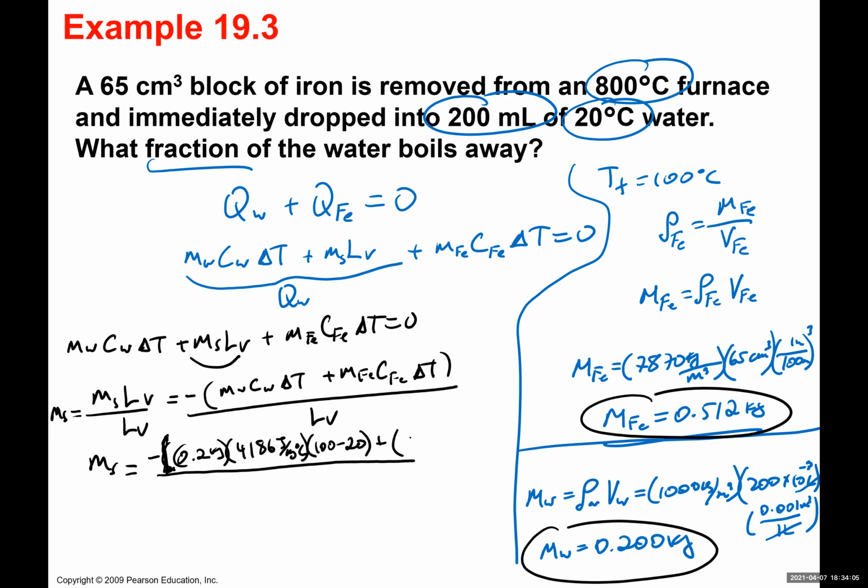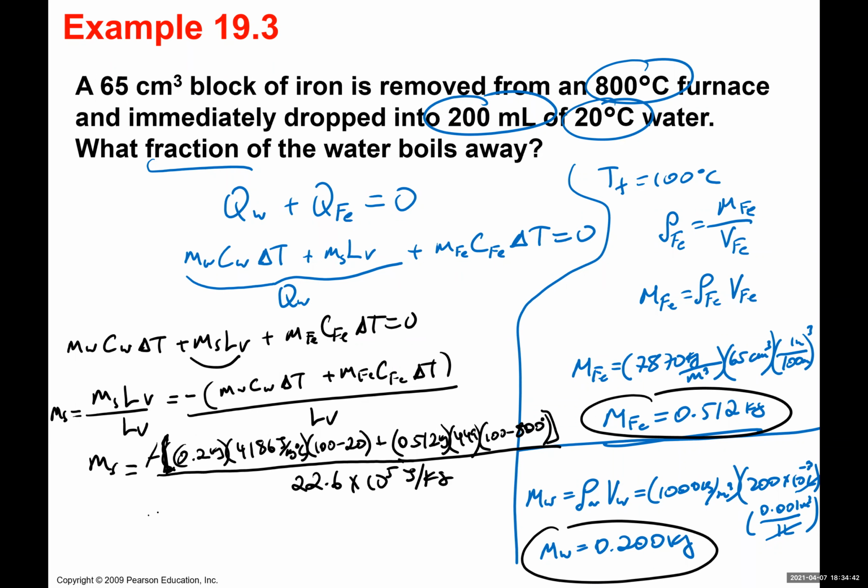So plus 0.512 kilograms times specific heat of iron, which is 449, times change in temperature. Well, final is 100, initial is 800. So that's where this negative is going to cancel out, coming from that delta T for the iron being negative. Then divide by L_V, and L_V here is 22.6 times 10 to the 5 joules per kilogram.